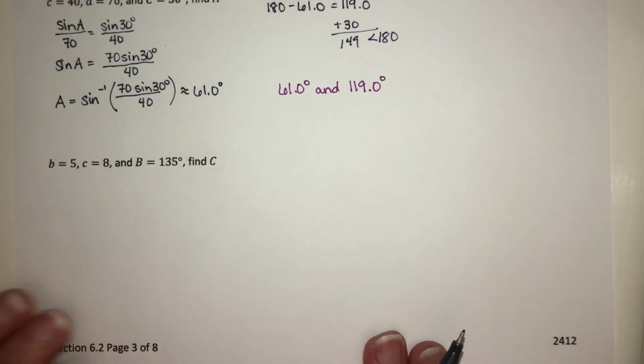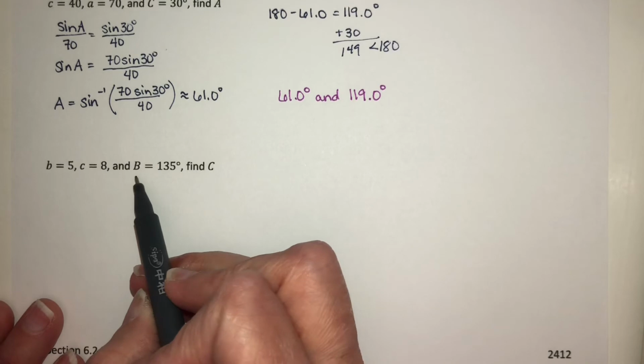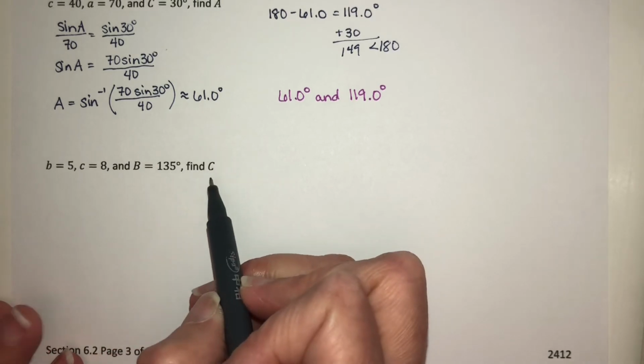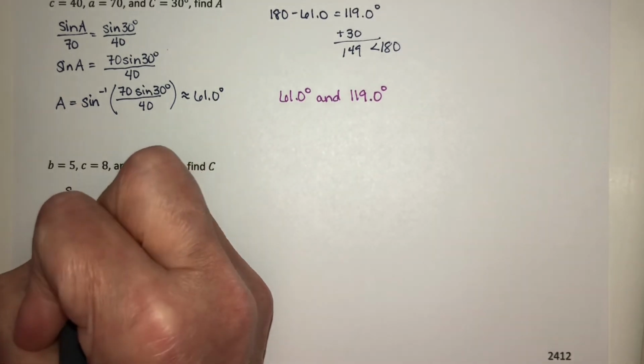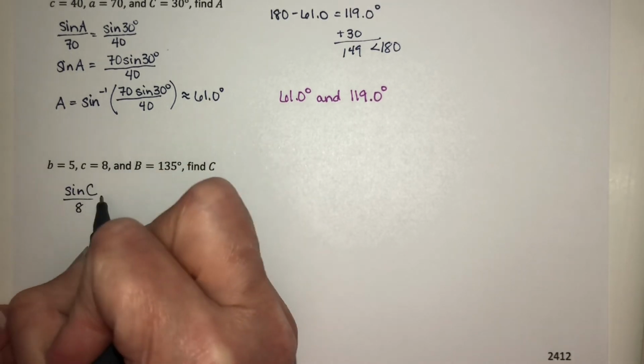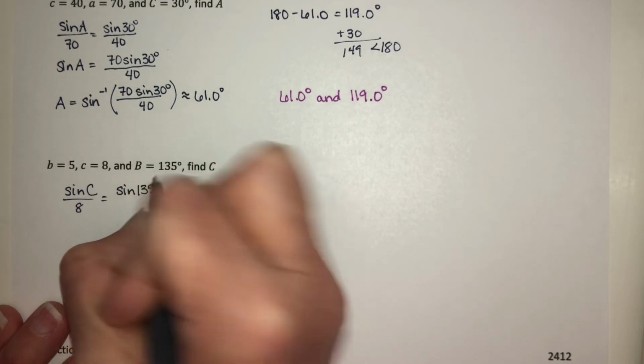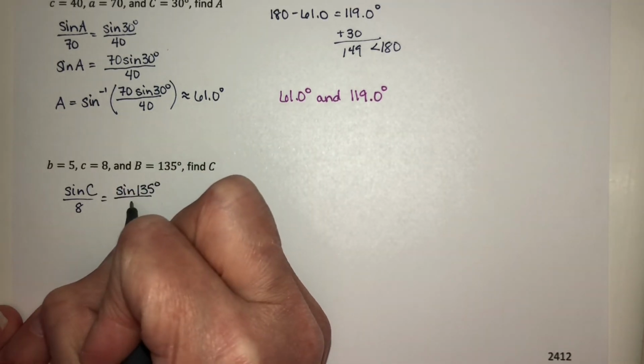Okay. Now, if b is 5, c is 8, and angle B is 135 degrees, find angle C. So sine of C over 8 is equal to sine of 135 over 5.